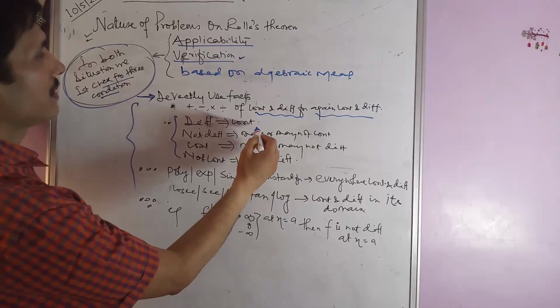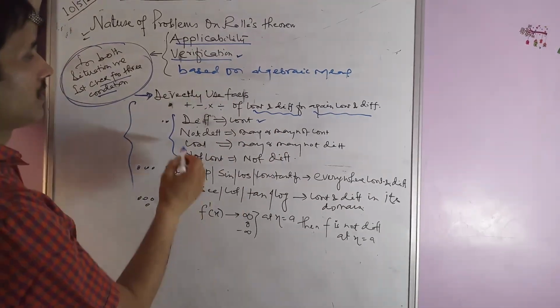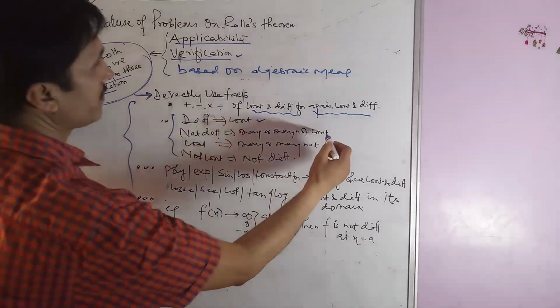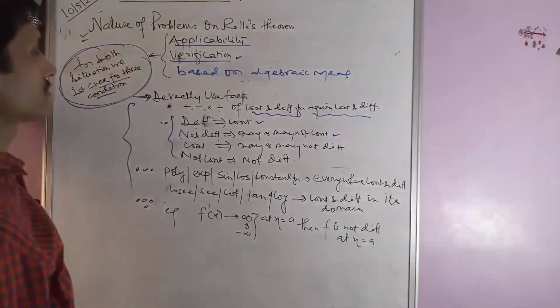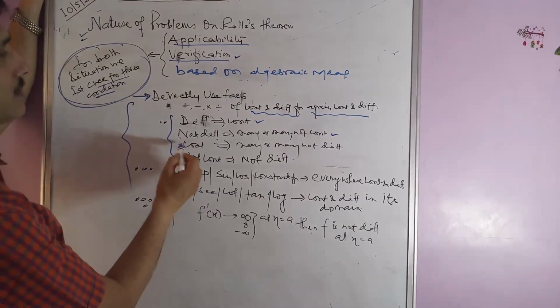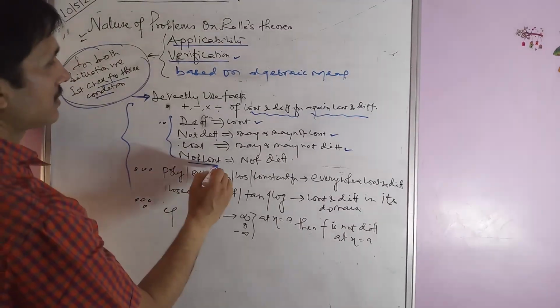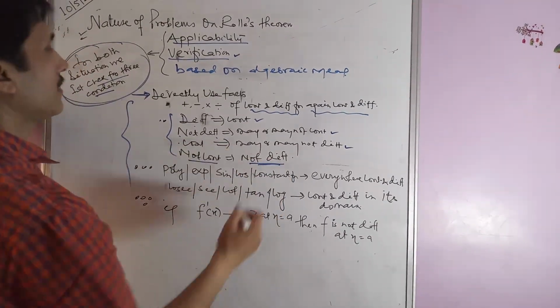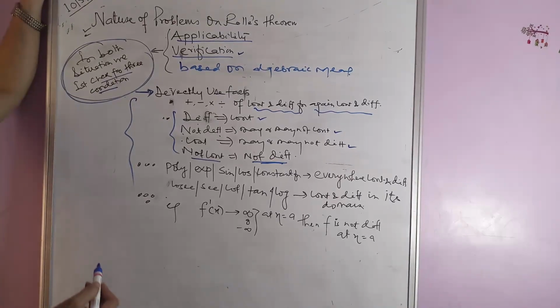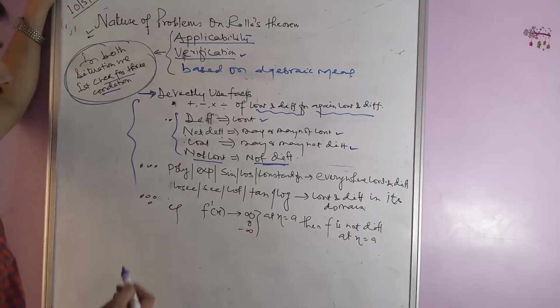Differentiability implies continuity; not differentiable may or may not be continuous. Continuous may or may not be differentiable; not continuous implies not differentiable. We have already used this result in a previous chapter.